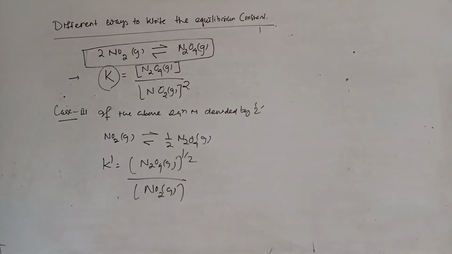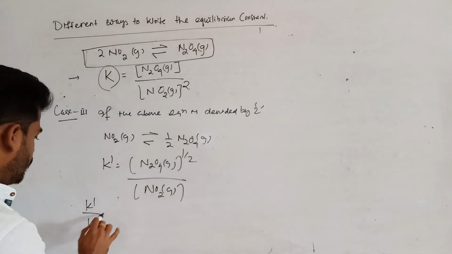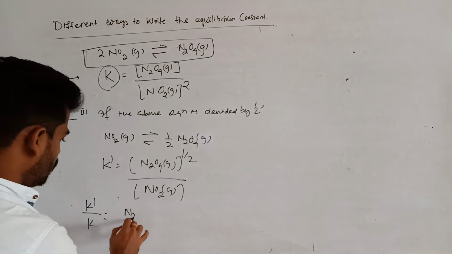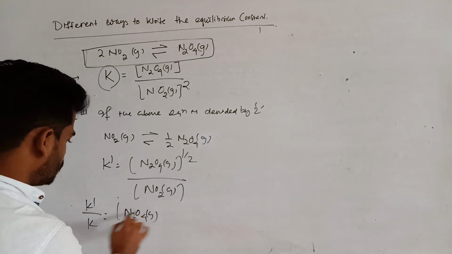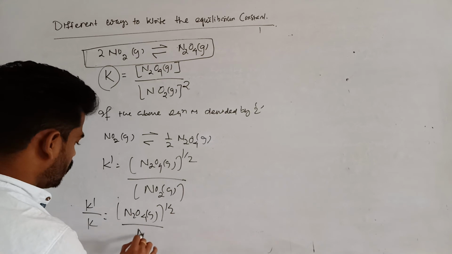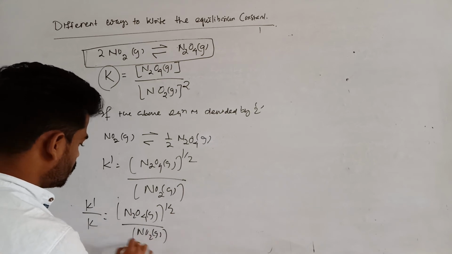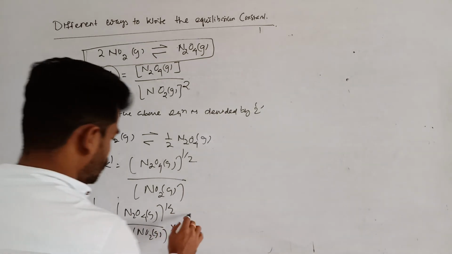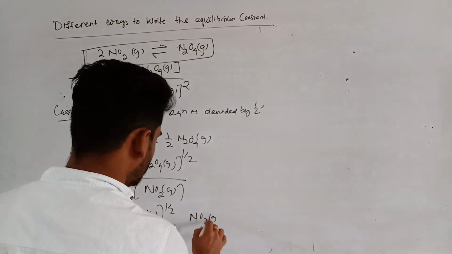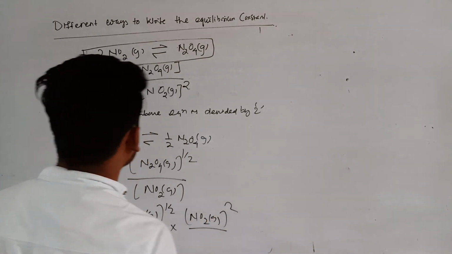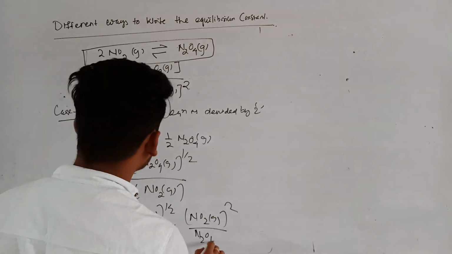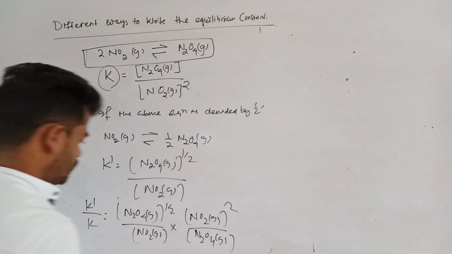Now you just find out the relationship, that is K dash upon K, that will be equal to N2O4 gas to the power 1 by 2 upon NO2 gas into NO2 gas whole square divided by N2O4 gas.